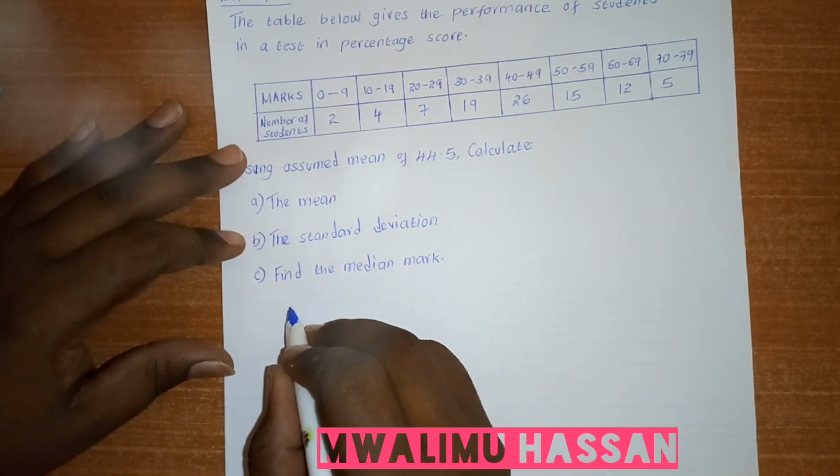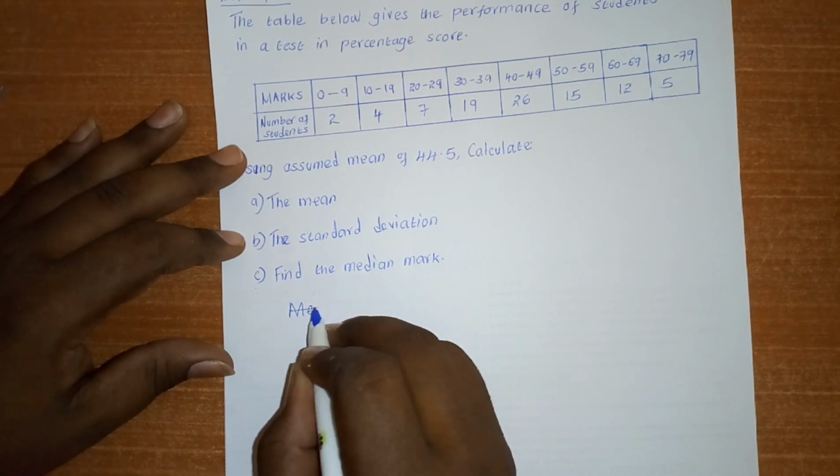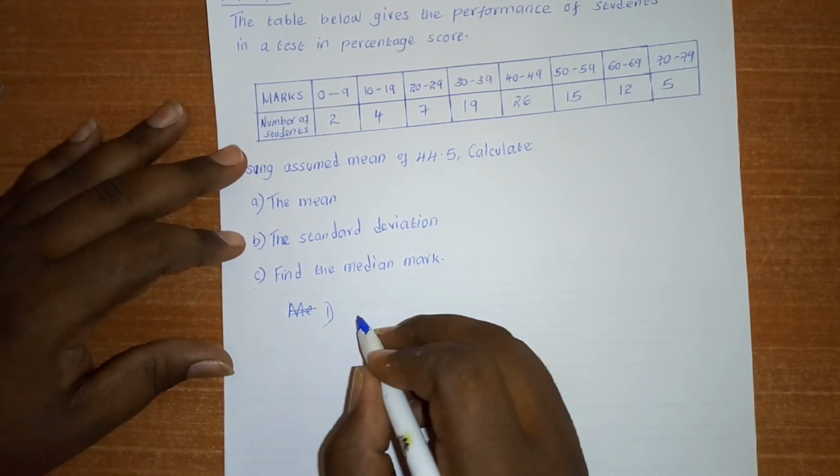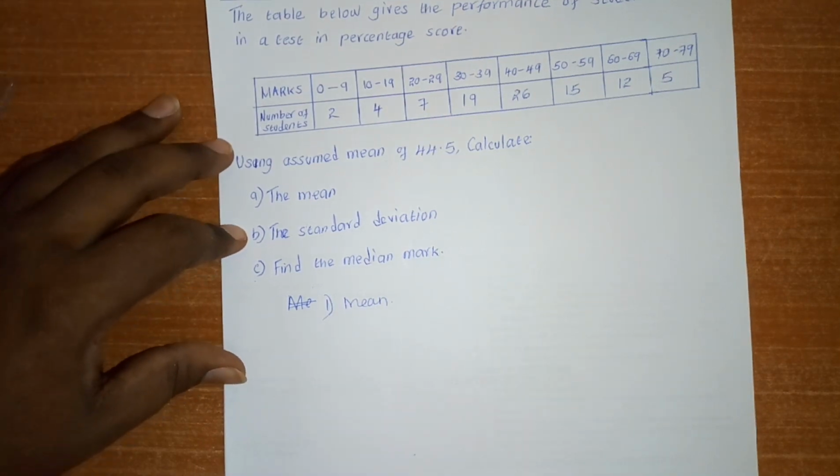To get the first one, that is the mean, we need to draw a table.